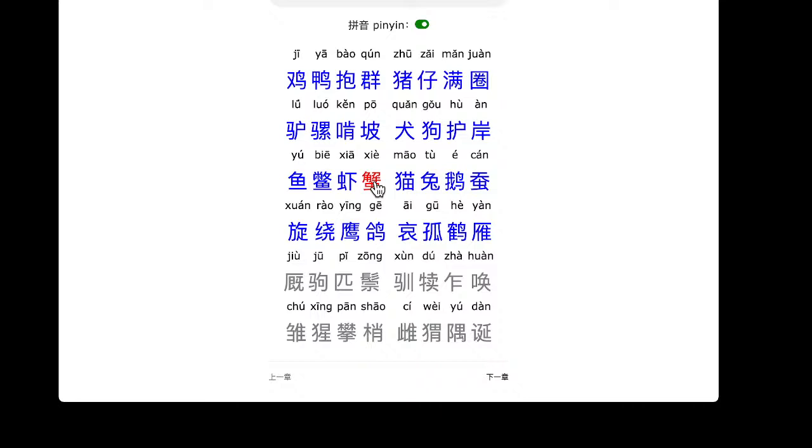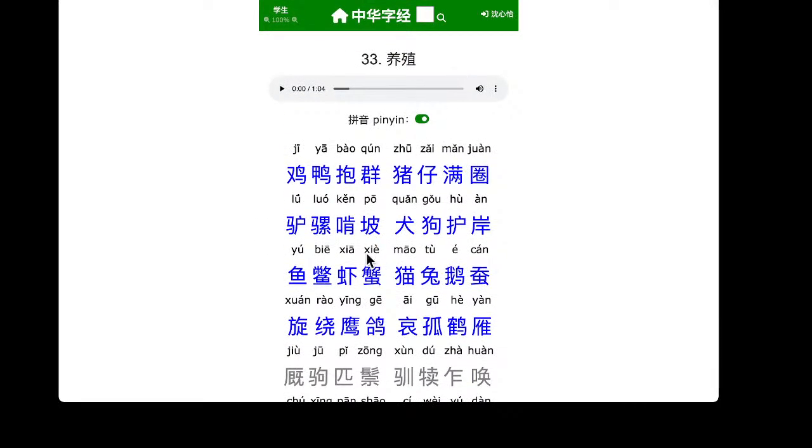Fish, like if you ever heard of turtle soup, shrimp, we eat shrimp, crabs, yeah. 猫, 兔, 鹅, 蚕. I don't even know why these animals are grouped together. Cats, rabbits, geese, and silkworms. I guess they can all be domesticated. So that's why they're in this unit.